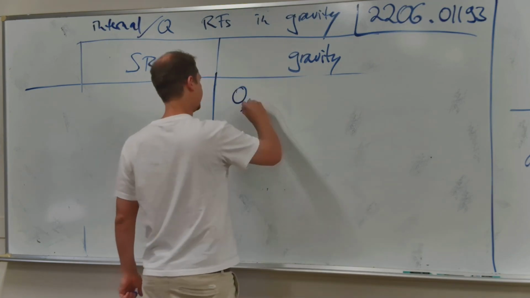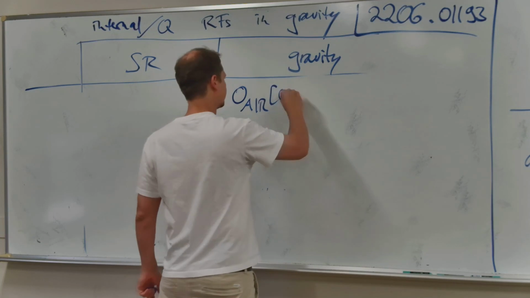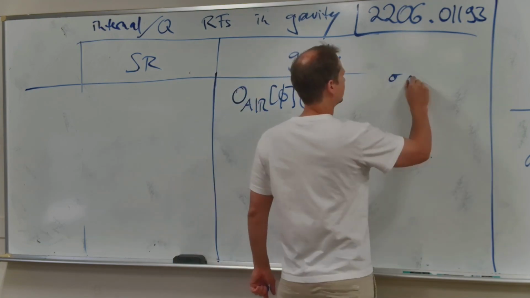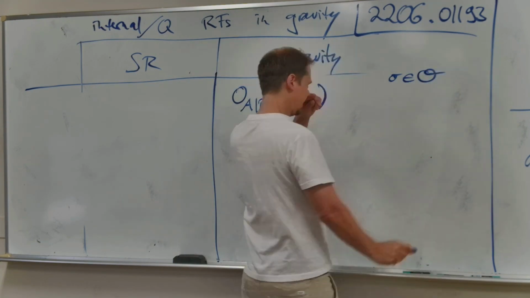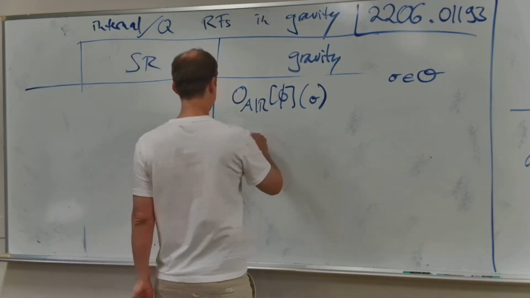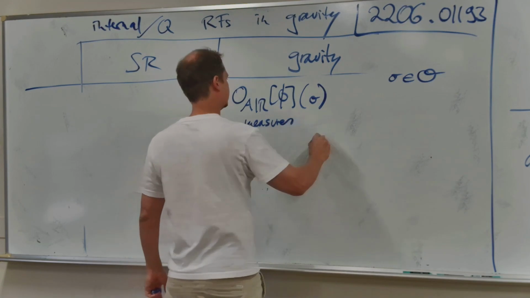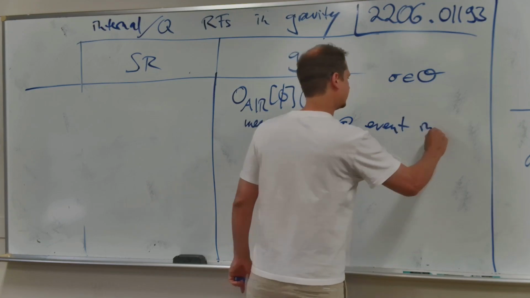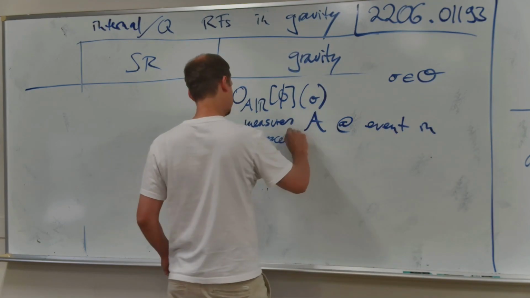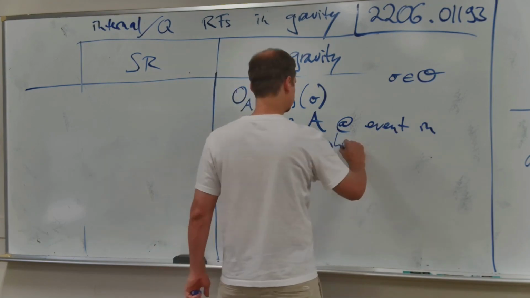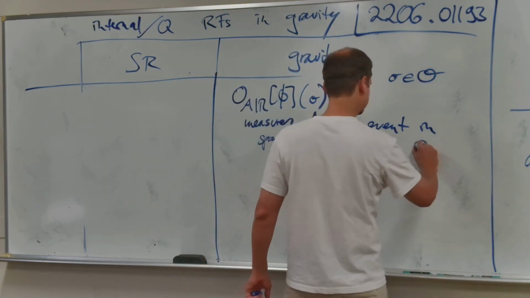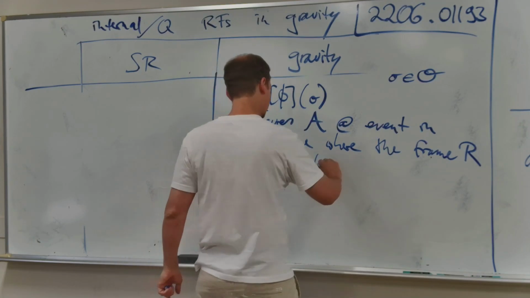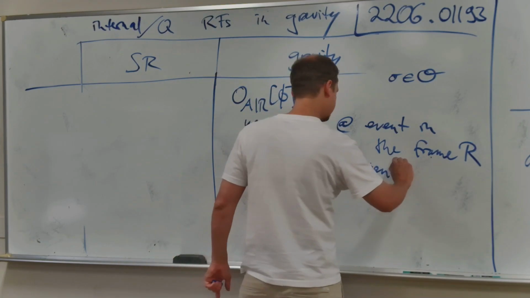So O, A, R, okay, let's put it in here, phi, and then O. So O in this orientation space kind of measures A at an event in space-time, where the frame R is in local orientation.